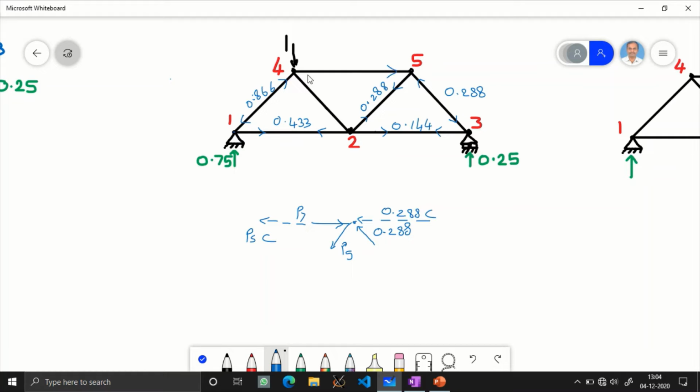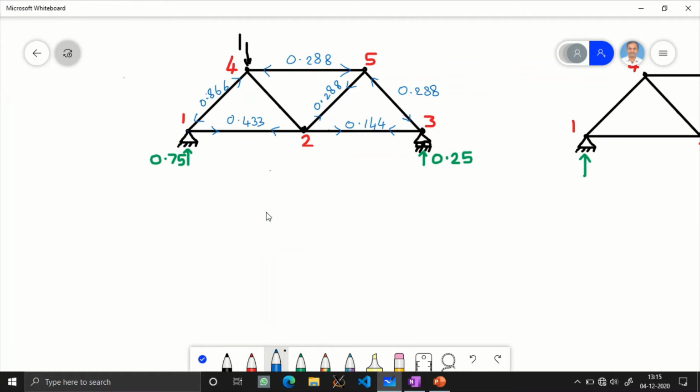So towards joint, I will have my P7 and its value is 0.288 cos 60 plus this P5 cos 60. P5 is also 0.288. So again 0.288 cos 60. So the value of P7 is 0.288.